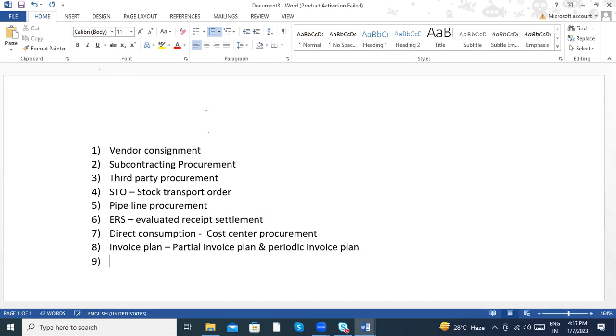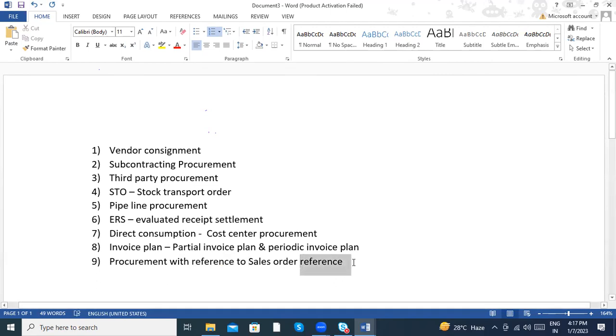And the ninth one is the sales order procurement process, procurement with reference to sales orders.